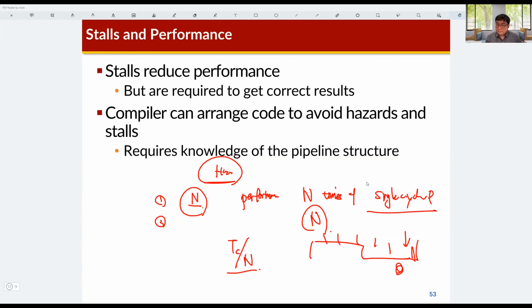So the ideal performance of the pipeline processor is n times that of a single cycle processor, but the actual performance is lower, because cycles can be wasted due to hazards.